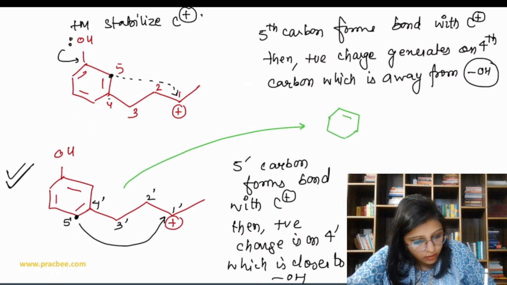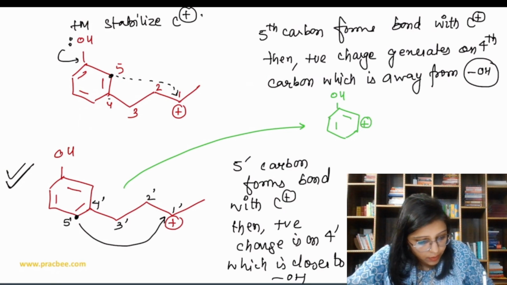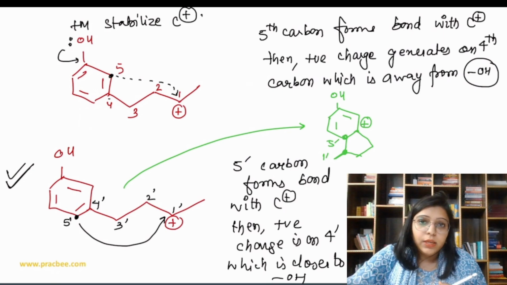OH, positive charge on 4th number, and then we form a 5-membered ring. So this is 5 dash number carbon, and this is 1 dash number carbon, and 1 dash number carbon is bonded to CH3. ठीक है बेटे? Is it clear? So we have this situation.